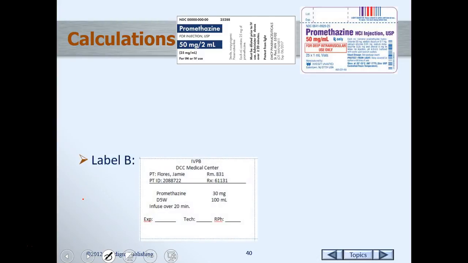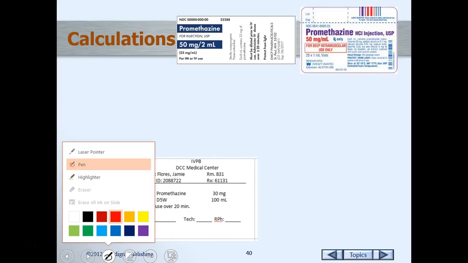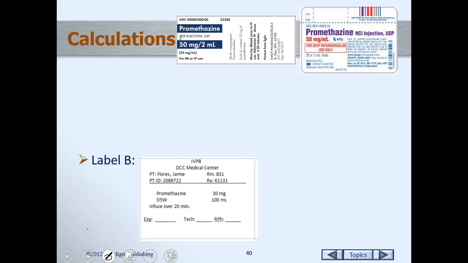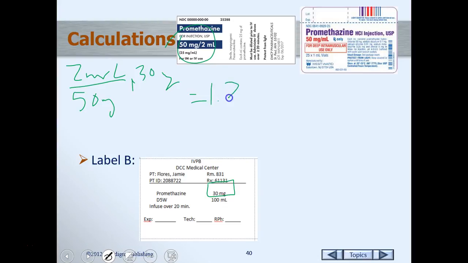All right, doing the same thing with these calculations, we'll start with our 50 milligram per 2 milliliter. For this one, we need 30 milligrams of drug. So 2 milliliters over 50 times 30 is equal to 1.2 milliliters. All right.